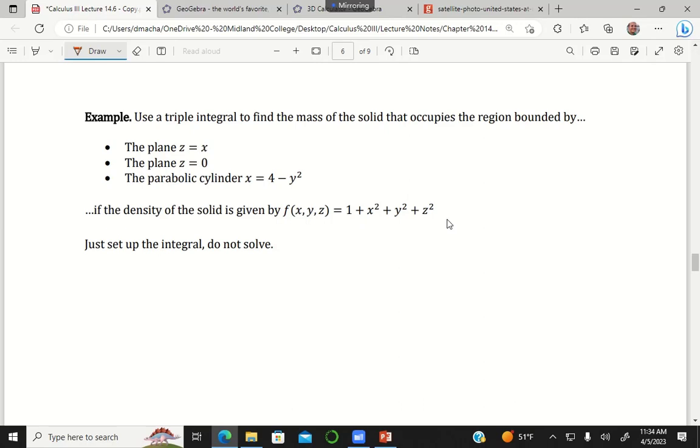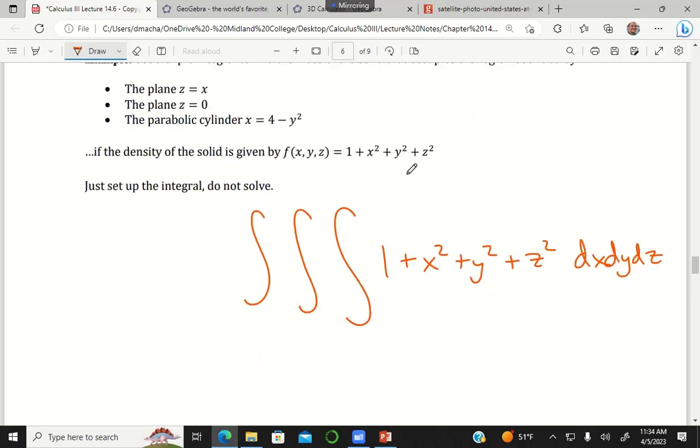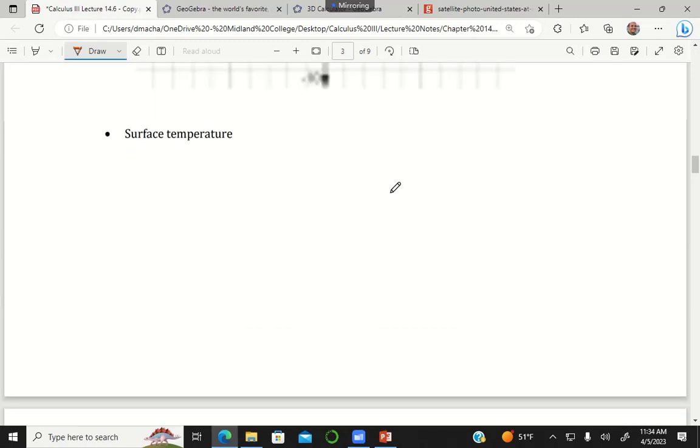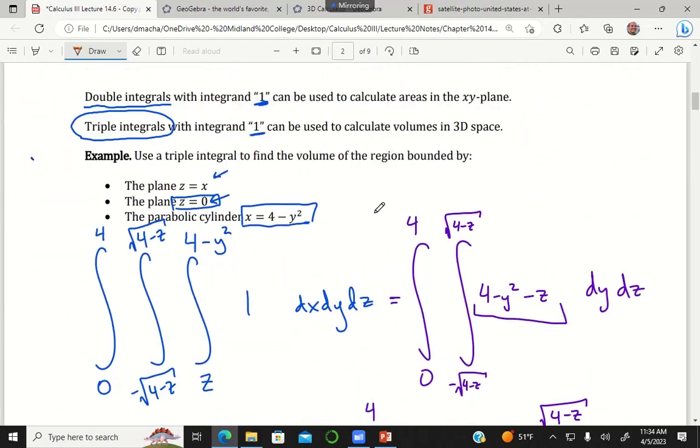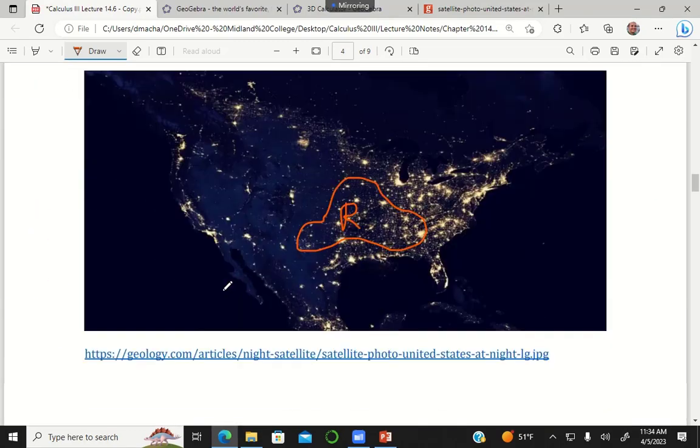This first example is just like the one I gave where we were finding the volume, except now, if I take the triple integral of this, I would have to use the same bounds as before if I use the same order of integration, so I'd still have to use 0 to 4, negative root 4 minus z, and then z to 4 minus 1 squared.